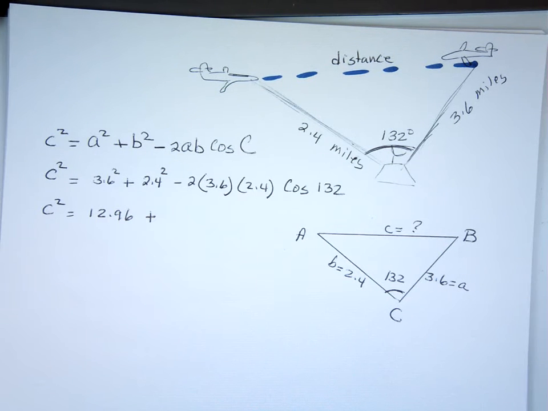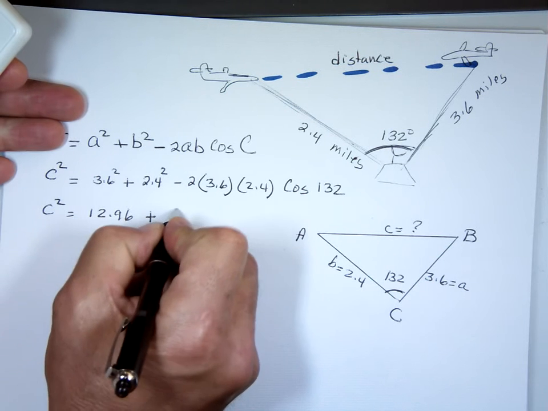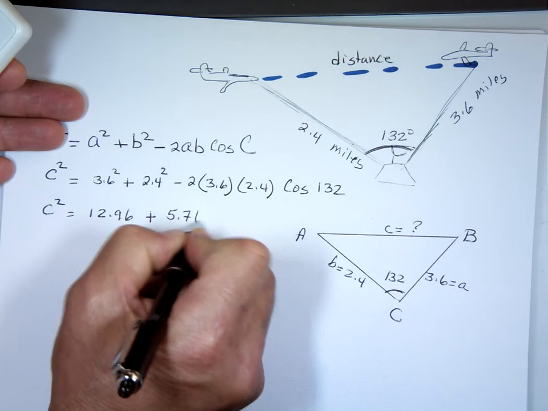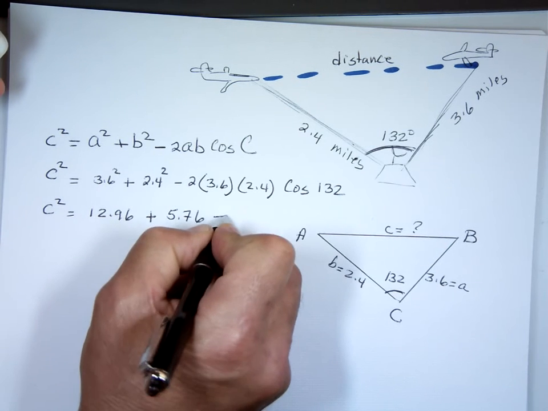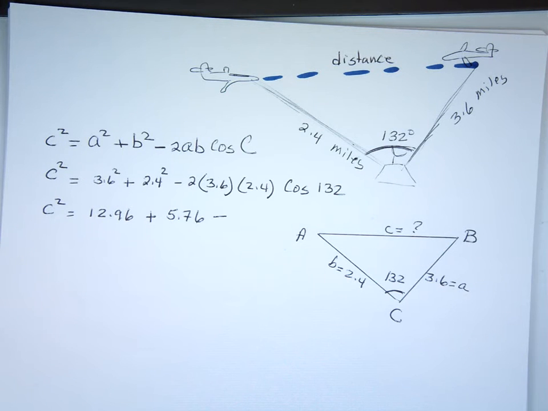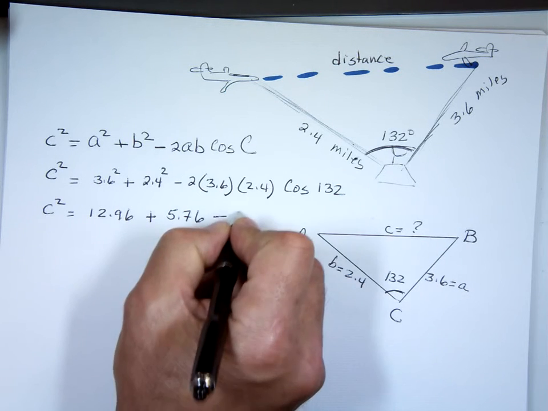2.4 squared, 5.76, minus, this number will be a negative number, 2 times 3.6 times 2.4 times cosine 132. That's negative 11.56.